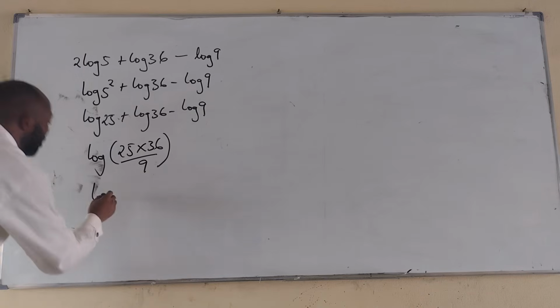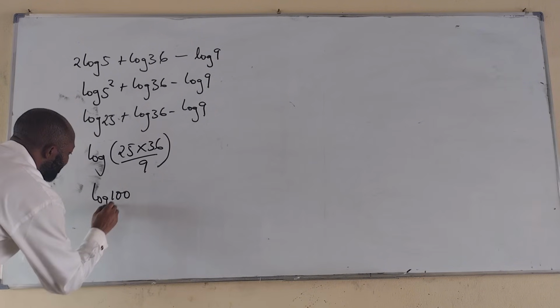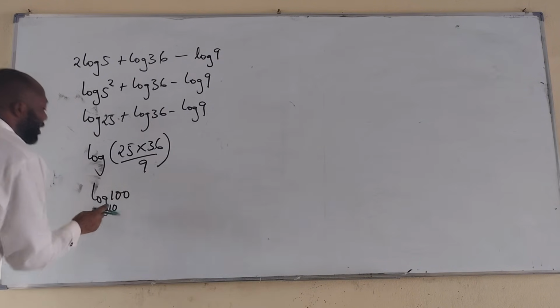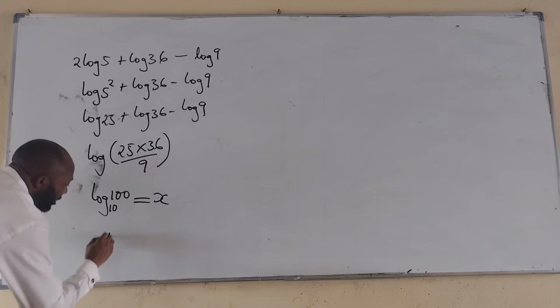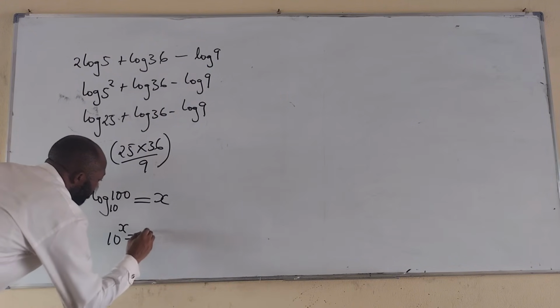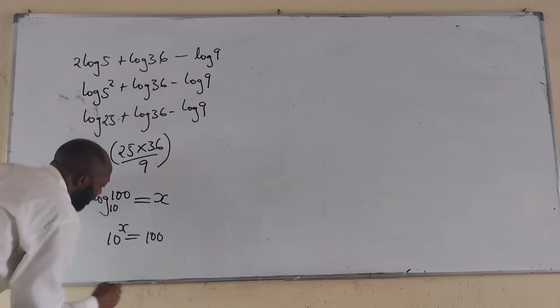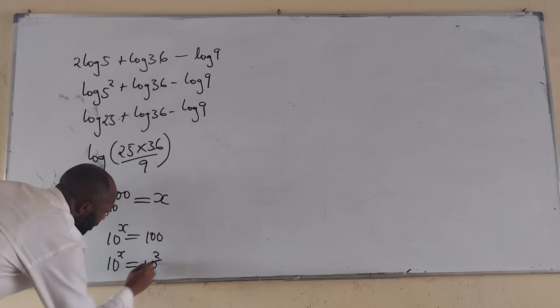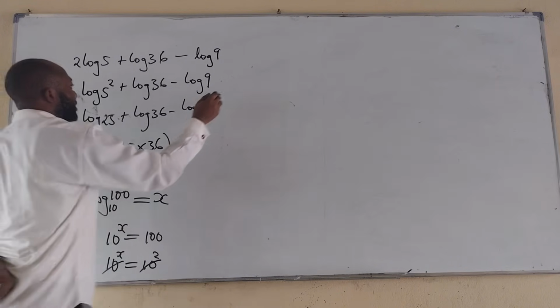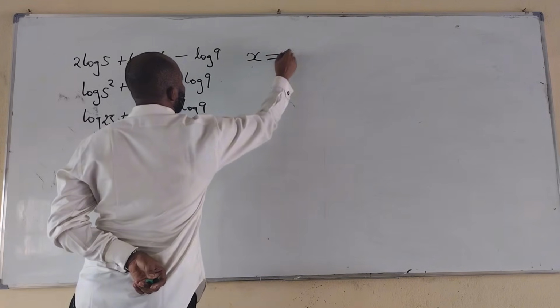So this is log 100 in base 10. How many times can 10 be raised? 2 times, of course, but we have to equate to x: 10 raised to the power x is equal to 100, which is 10 raised to the power x is equal to 10 raised to the power 2. Cancel this, our x is equal to 2.